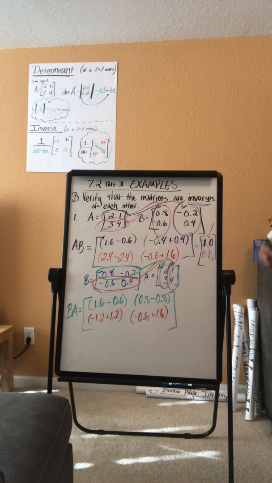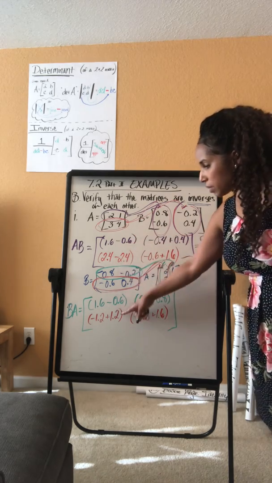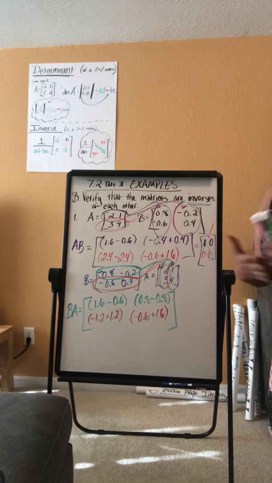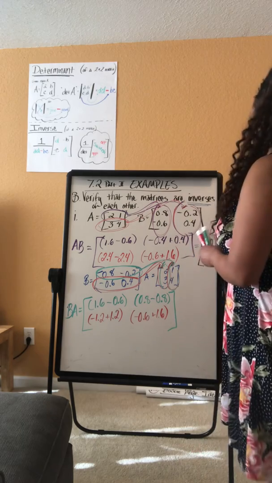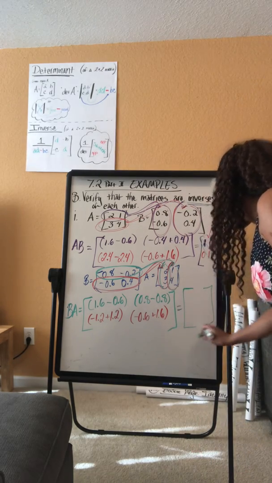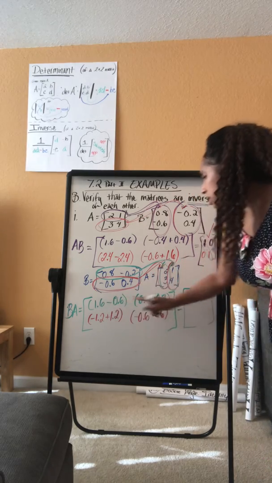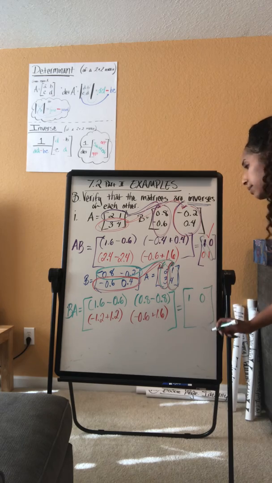So no, it is not necessarily all the same numbers as they were last time. Some of them match, some of them don't. But don't think that A times B is automatically B times A. We've already talked about that. It is not necessarily commutative. But in this case, the 1.6 minus 0.6 is 1. The 0.8 minus 0.8 is 0.